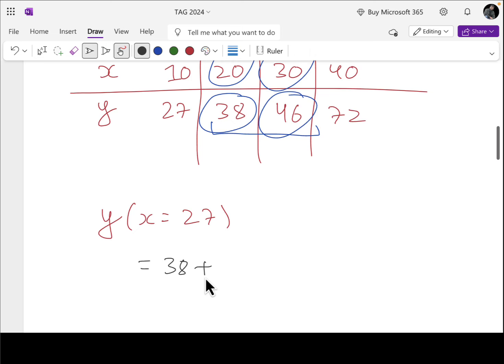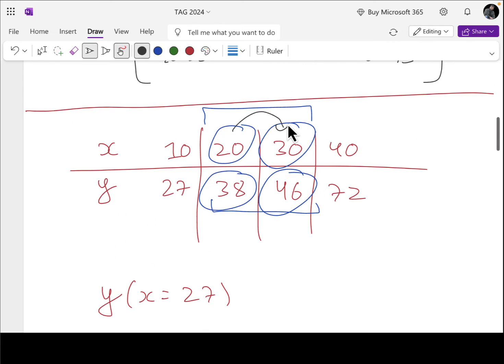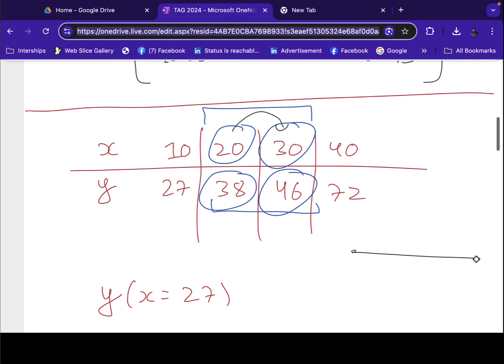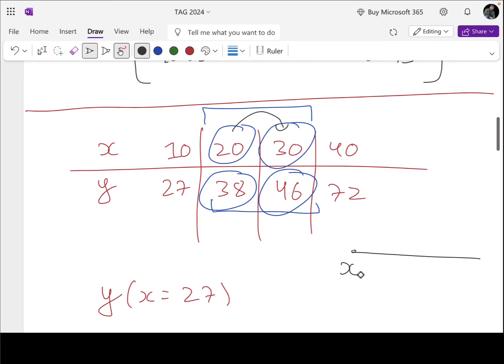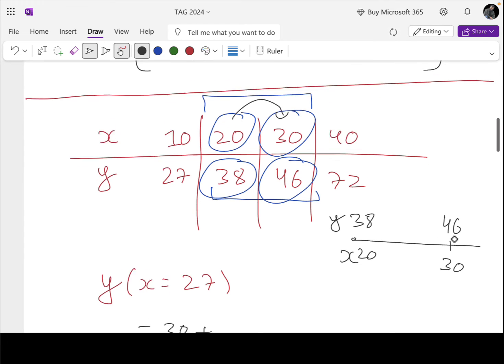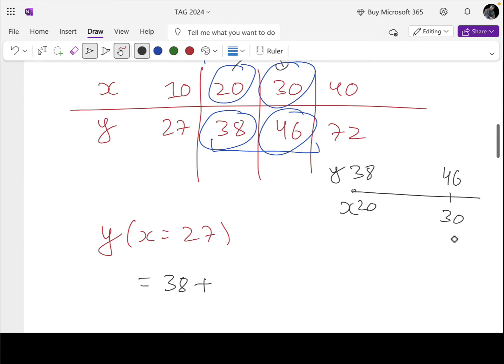Well, if x was to go from 20 to 30, then y would go from 38 to 46. So it would go 8 points higher when x goes 10 points higher, right? That is how you can think about it. So the entire distance that you would have had to cover would have been 8 points in terms of y.